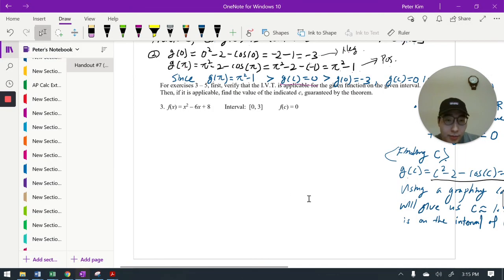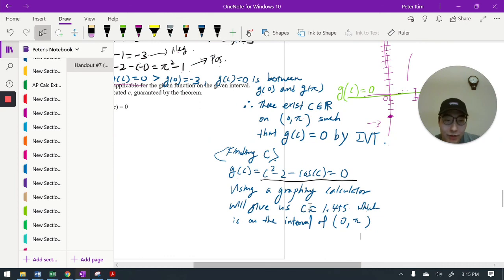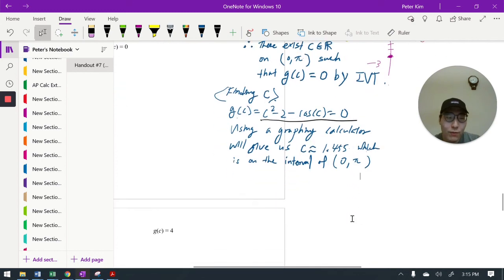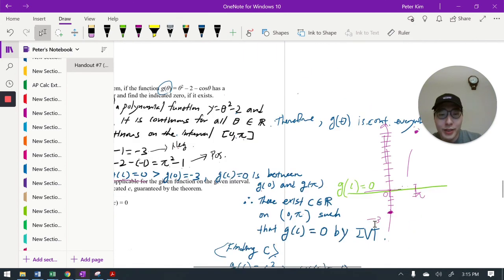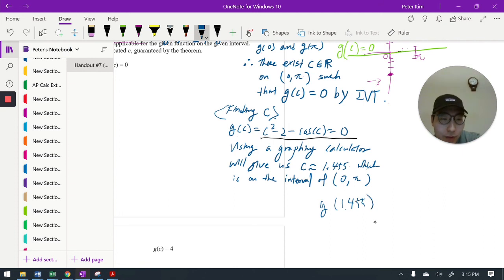So here, x equals c value. So c is equal to 1.455. You will know that it is an approximate value, but g of 1.455 will give you a solution of 0 right there.